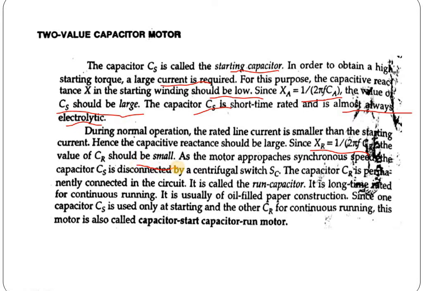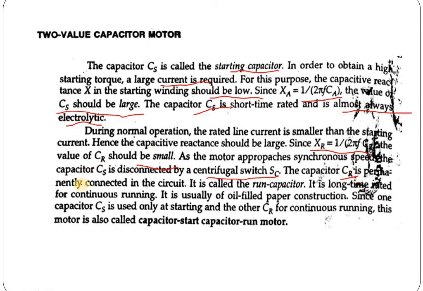As the motor approaches synchronous speed, the capacitor CS is disconnected by a centrifugal switch, which, as I told you, removes the capacitor CS when the motor reaches a certain speed. The capacitor CR is permanently connected to the circuit. This is the main difference.